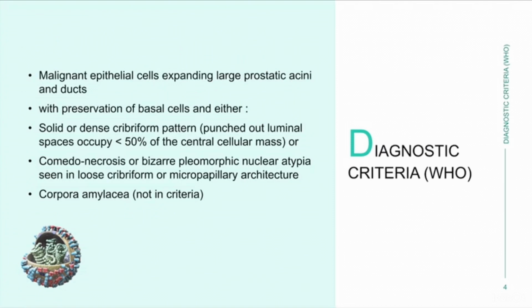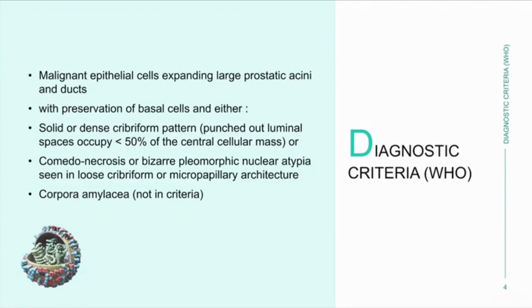Corpora amylacea need not necessarily be present, but if you see corpora amylacea in a malignant epithelial cell proliferation in prostatic carcinoma, it is mostly a case of intraductal carcinoma. I will revise the diagnostic criteria once more because it's very important.